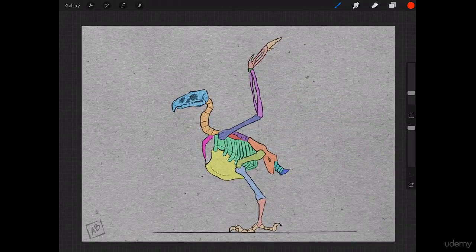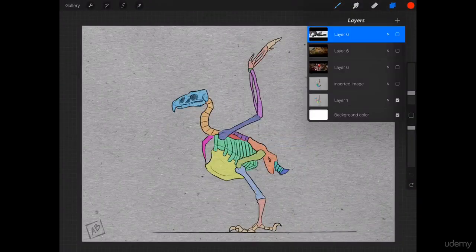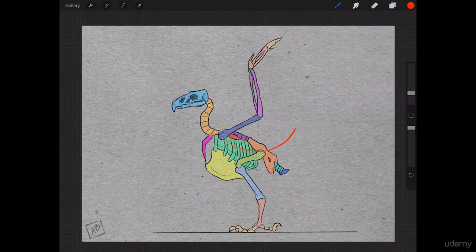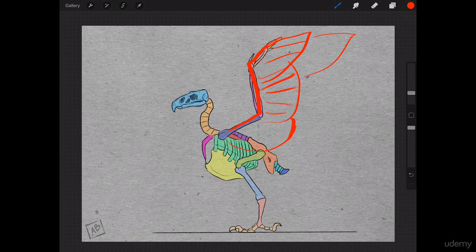Pretty interesting. And if you're drawing the feathers on top of it, they would look about like that. And the bone structure actually only runs to the very top of it.